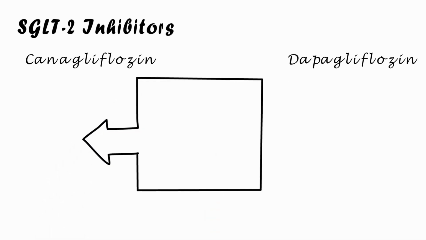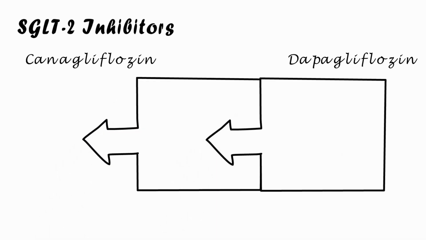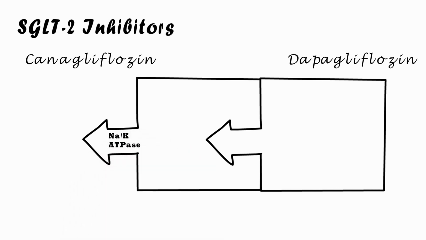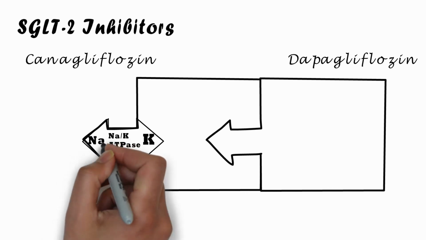In the proximal tubular cell of the renal tubule, the sodium-potassium ATPase pump in the basolateral site of the tubular cell transports sodium out into the interstitium and potassium into the tubular cell and maintains a concentration gradient.